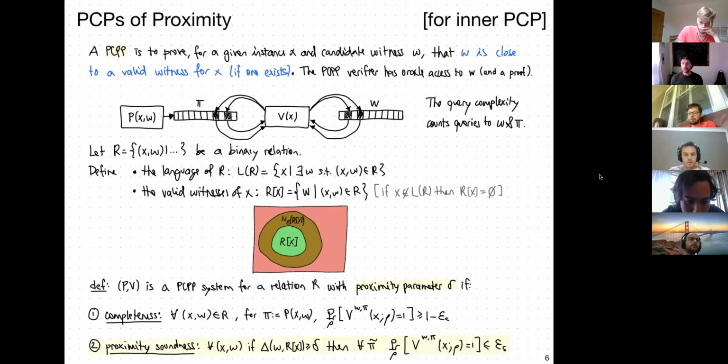And here the interesting part: if we have some X and W, some formula and assignment, such that this assignment is delta far from being a satisfying assignment, then for any possible proof, malicious proof that could be, I will accept with a tiny probability, just with this probability of error.